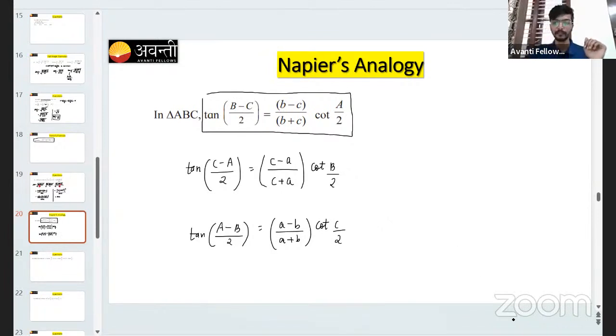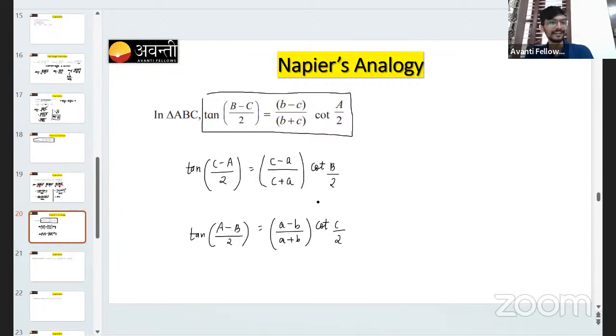Basically, I would not recommend learning all the formulae. Just observe the patterns, and then it will be easier for you to recall how it was. Tan (b minus c) by 2 equals (b minus c) upon (b plus c) into cot a by 2. If you remember one, the other two can be found from the pattern.